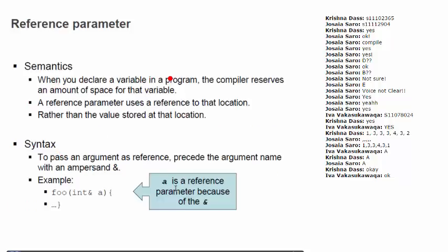Semantics: when you declare a variable in a program, the compiler reserves an amount of space for that variable, and a reference parameter with the ampersand sign uses that reference to the location rather than the value stored at that location. For example, to pass an argument as a reference, follow the argument name with an ampersand. Right?